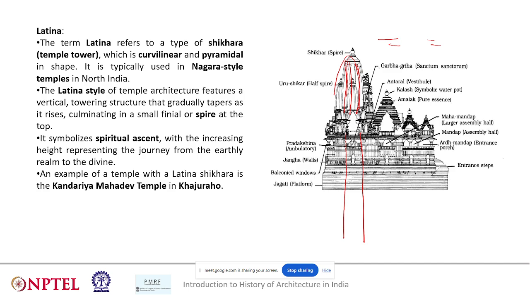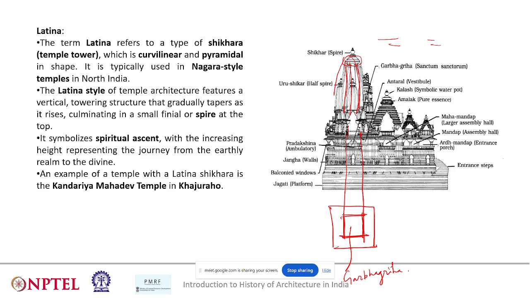Also, what is unique to this Latina style temple is the placement of the amlakas on top. Now if you look into it from the plan, this part that you see, if you visit, you'll understand that this is nothing but the Garbhagriha.